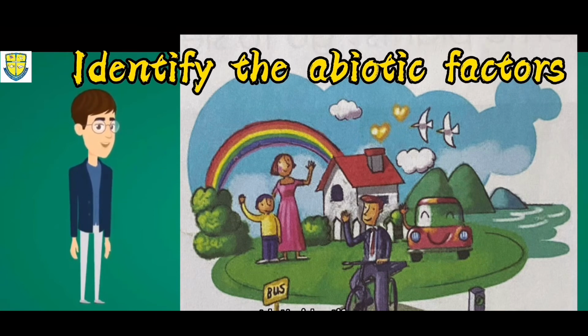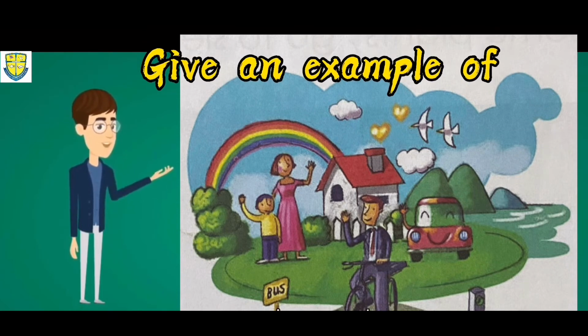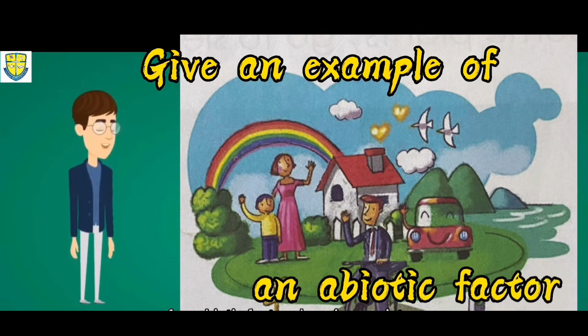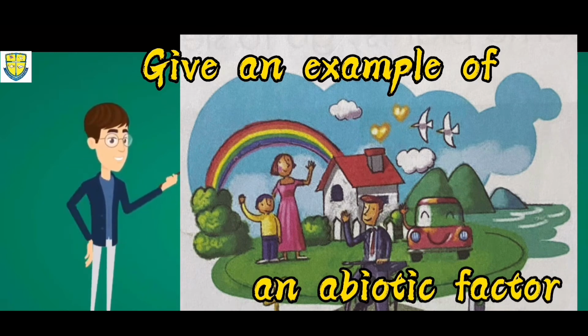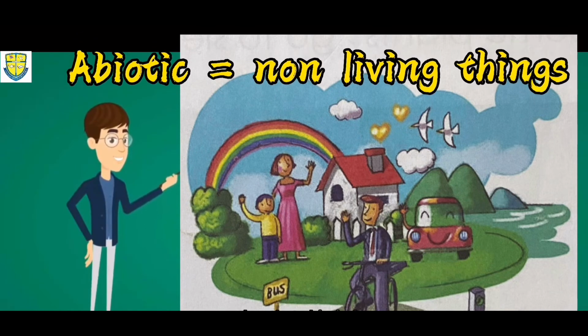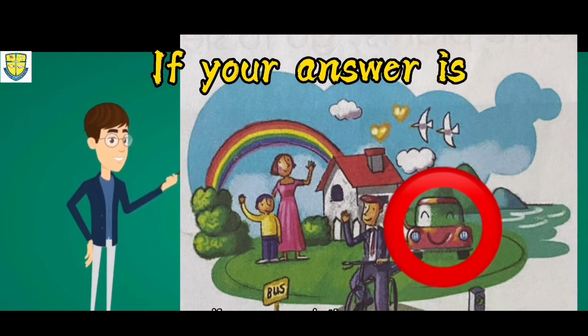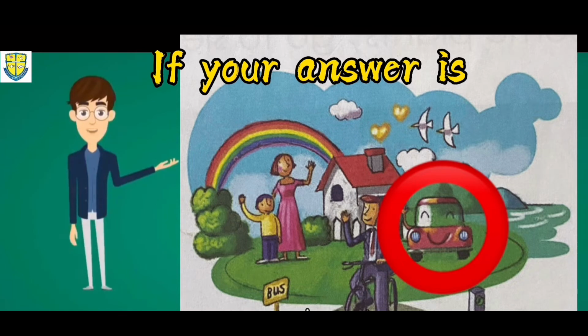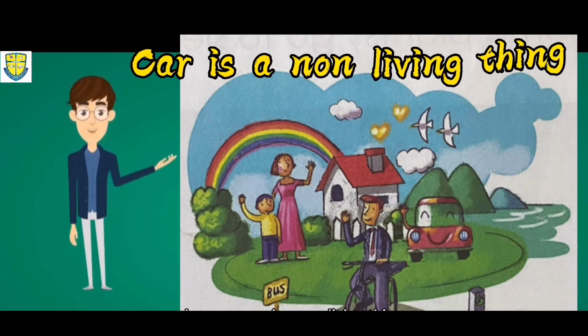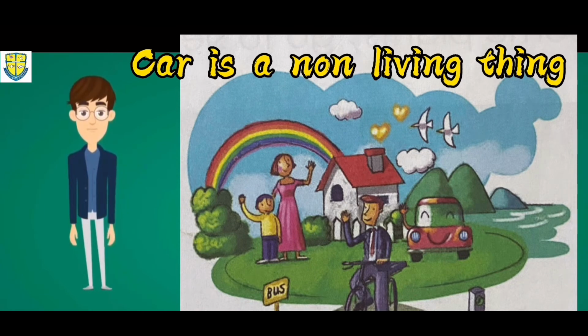Next, let's identify abiotic factors here in the picture. Can you give an example? Remember that an abiotic factor is a non-living thing. If your answer is the car, your answer is correct, because a car is a non-living thing.